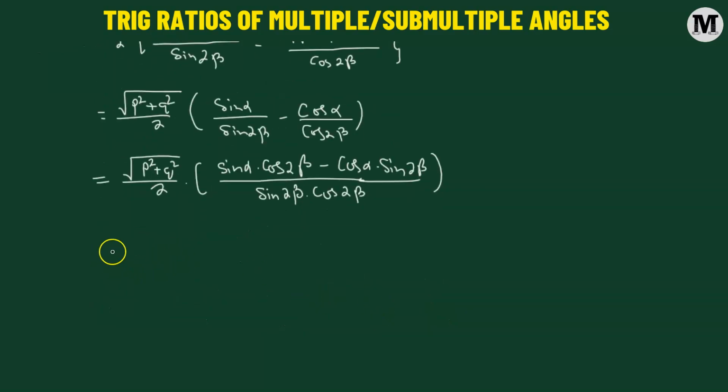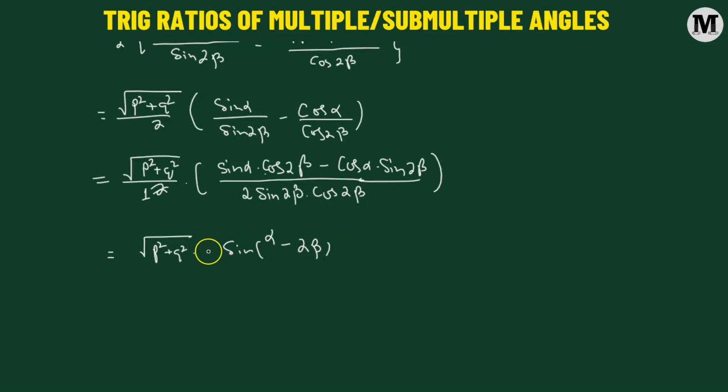Now here we have square root of P squared plus Q squared. What we can do is take this 2 and multiply it with sine 2 beta cosine 2 beta, then this will become 1. The reason why we're doing this will become evident in a moment. Let's talk about the numerator first. We have sine alpha times cosine 2 beta minus cosine alpha times sine 2 beta, so that's nothing but sine of alpha minus 2 beta.